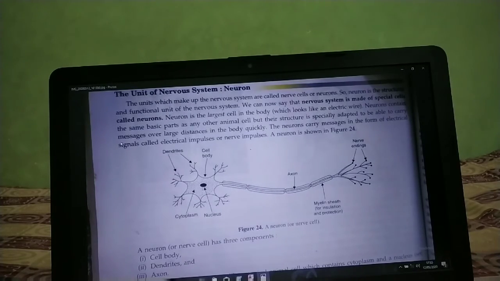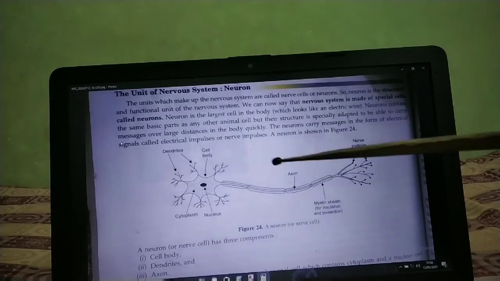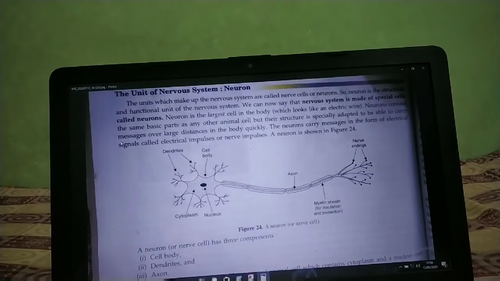The longest fiber on the cell body of a neuron is called the axon. The axon has an insulating and protective sheath, myelin, around it. So it is clear that both dendrite and axon arise from the cell body of a neuron.